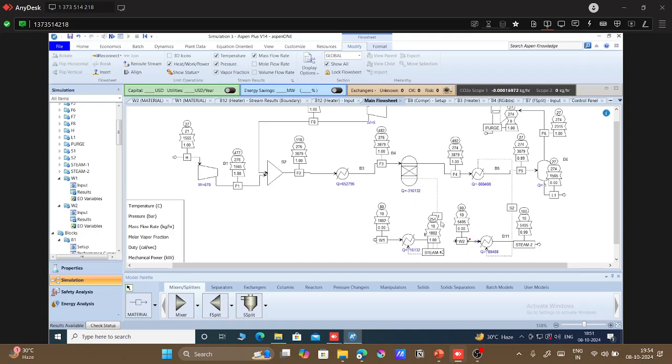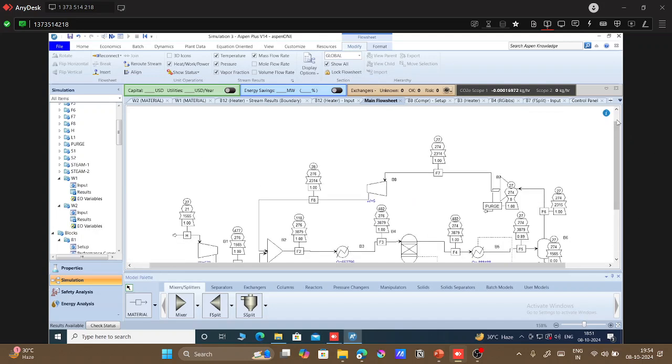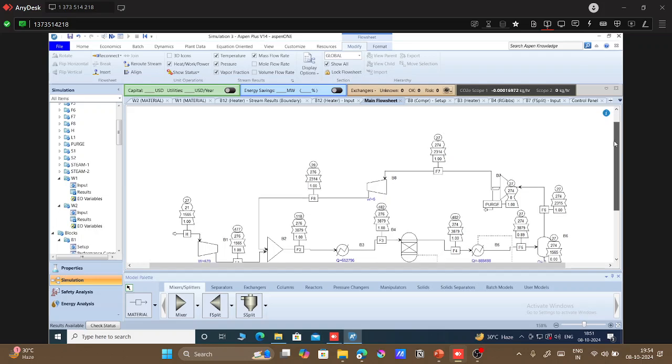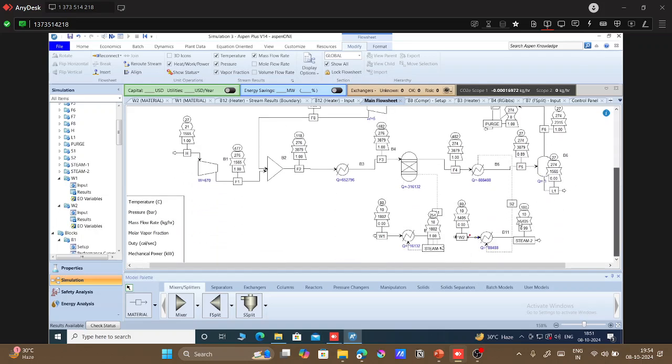We can do further optimization to make the temperature of steam 1 and steam 2 the same, and then we can mix it to some common header in a process plant. From there it can be used in the various utilities within the plant or outside the plant also. Right now this much steam we can utilize to heat our feed mixture in our first heater.